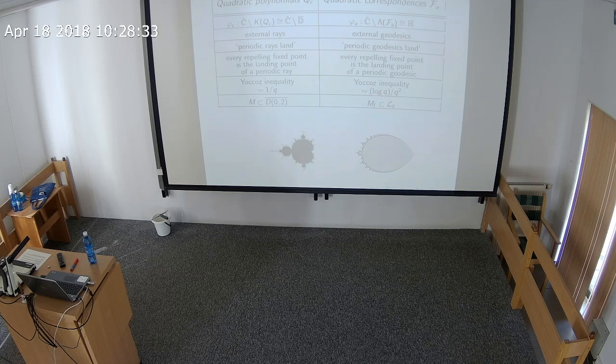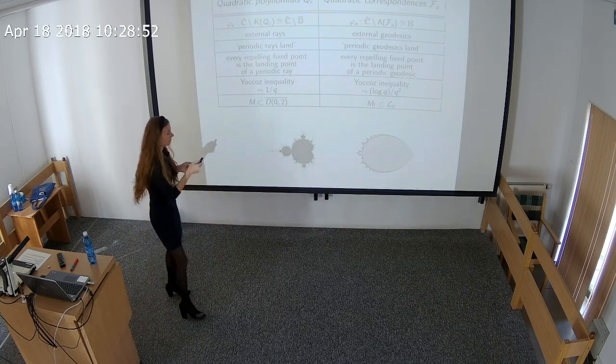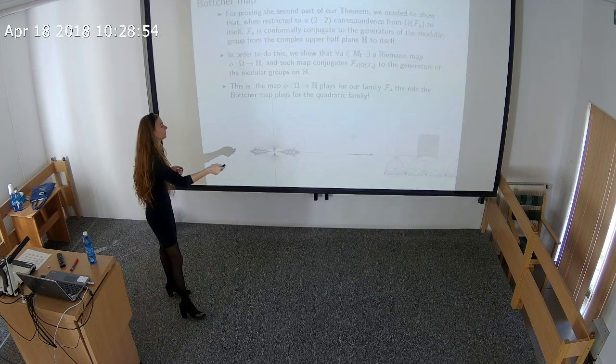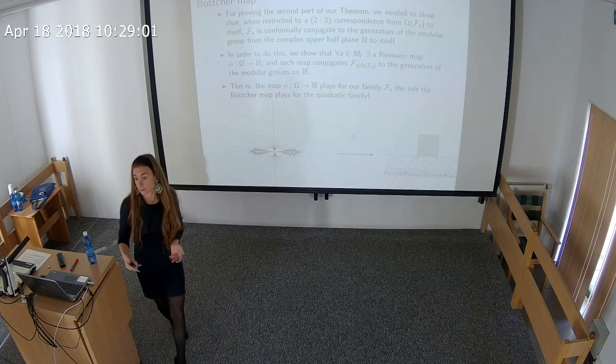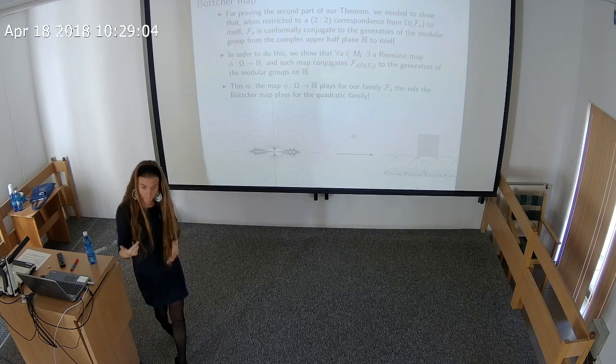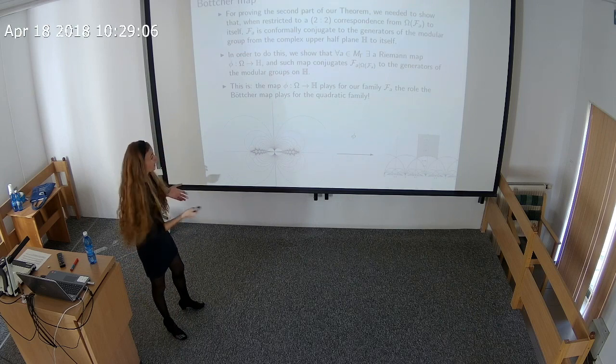I am not very good at drawing, but you just pull back by the Böttcher map these straight lines, okay? And in our case, on the upper half plane, you have geodesics. And this plays the same role as external rays in our theory. You can pull them back by the Böttcher map.